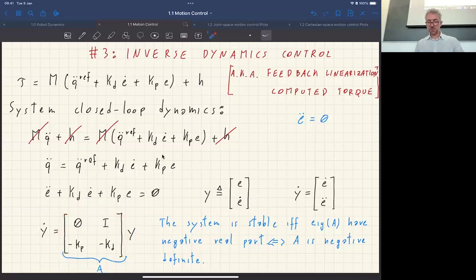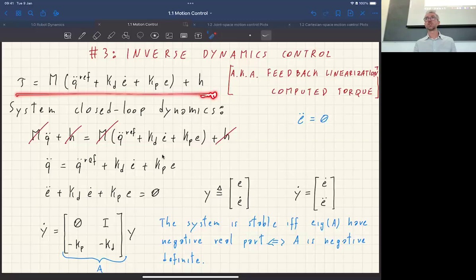And in this specific case, this matrix is going to have eigenvalues with negative real parts if the gain matrices are positive definite, which was our assumption in the first place. So basically, this controller gives us global asymptotic stability, assuming that we have positive definite gains.